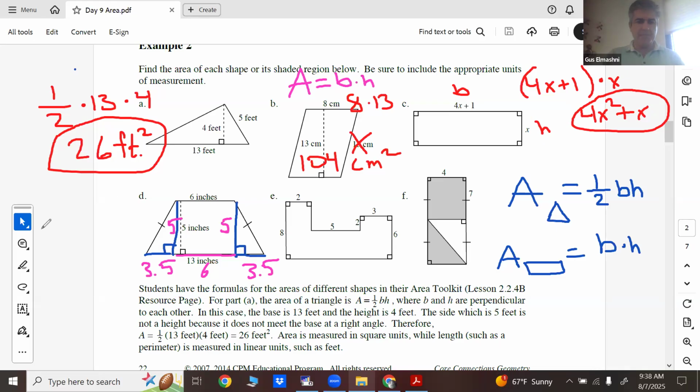Okay. Go and try D, E, F on your own. You're going to break it up into different shapes. I might suggest for E, you could probably break it up like this.